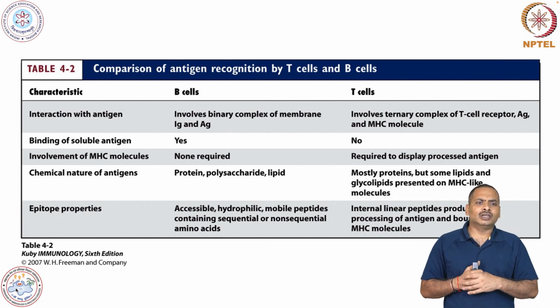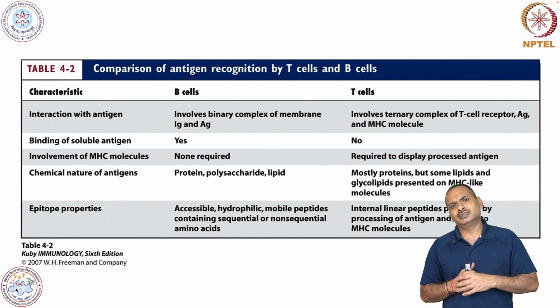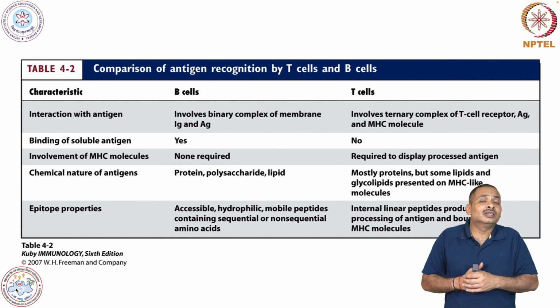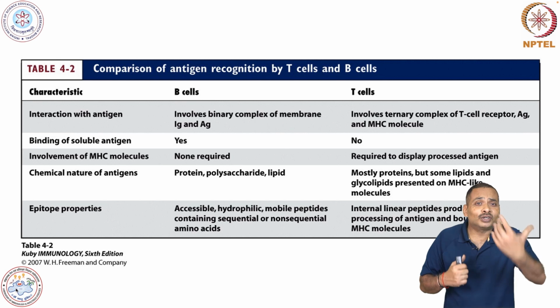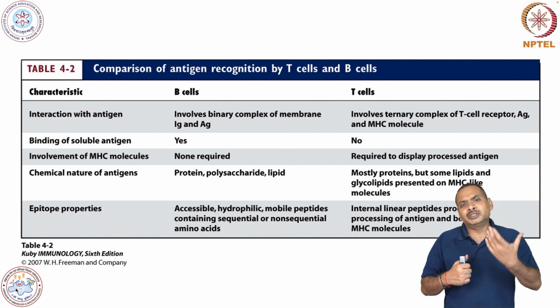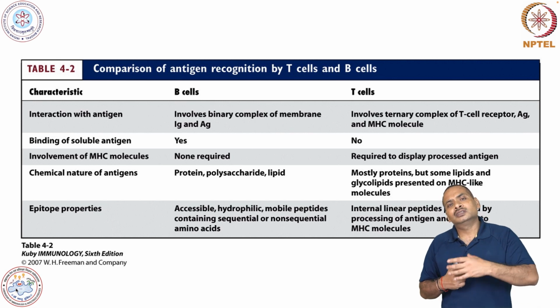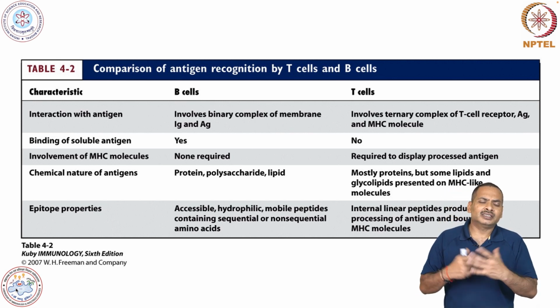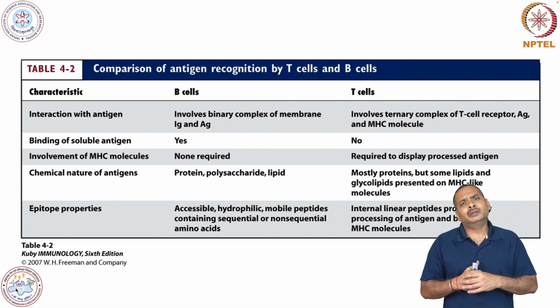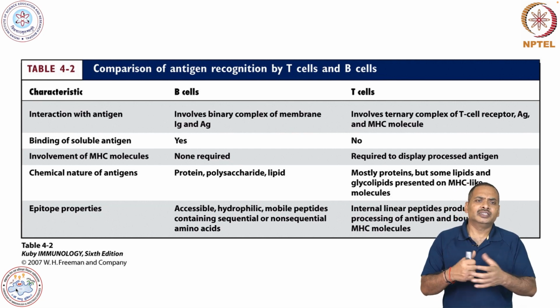Binding of soluble antigen: in case of B cell they can bind soluble antigen, but in case of T cell it is not at all true. T cells only see the processed antigen along with the MHC molecule on cells, either antigen presenting cells or MHC class 1 expressing cells, any nucleated cells.